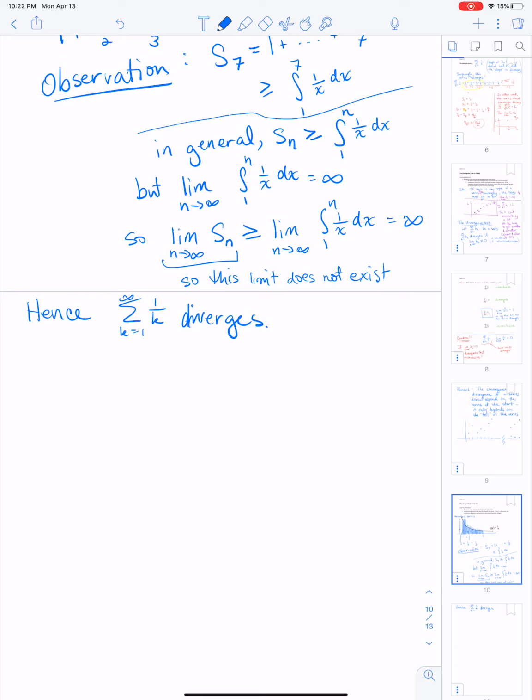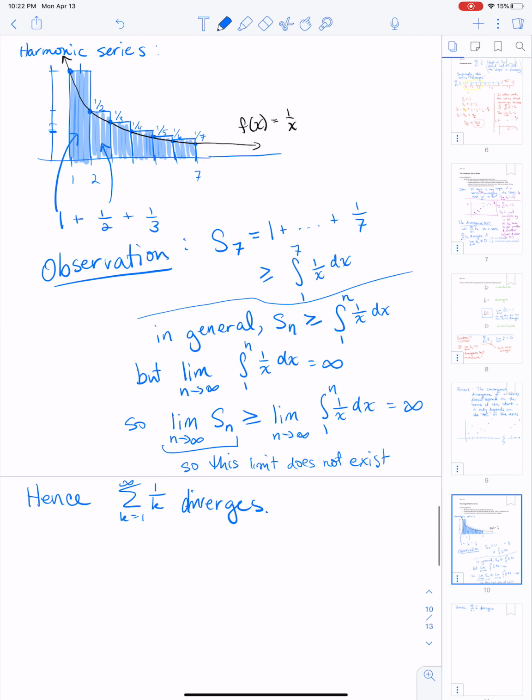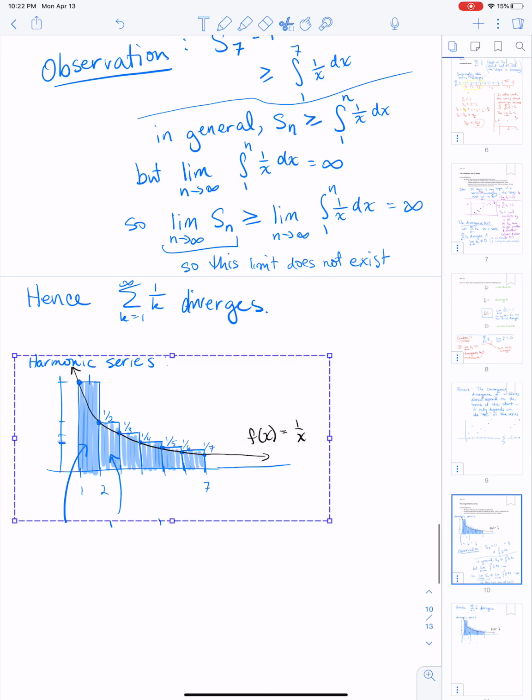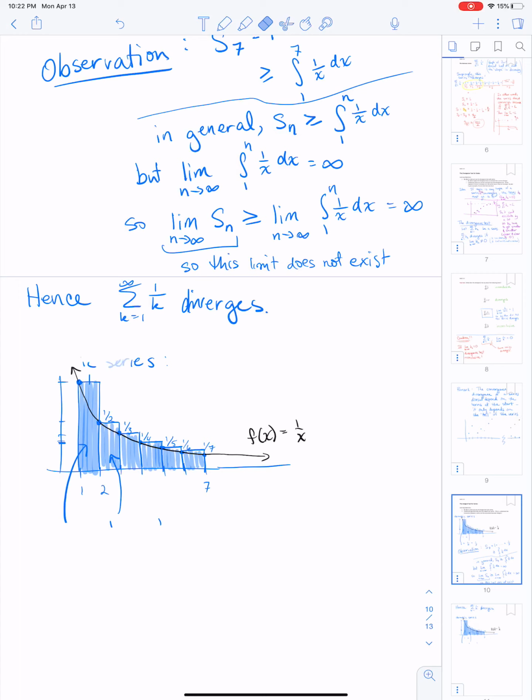Let me copy and paste another copy of the previous function here, just to not clutter up the previous notes.